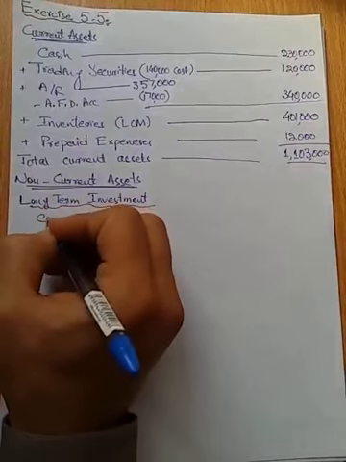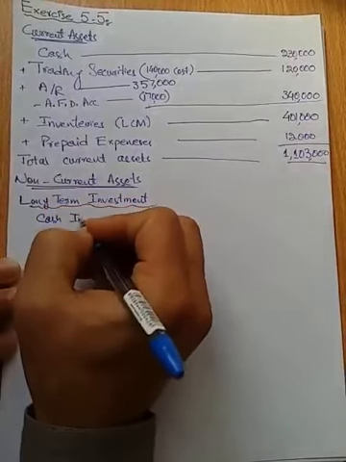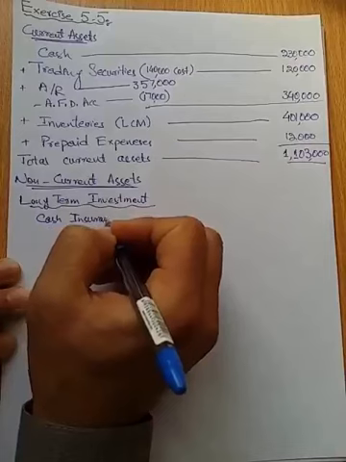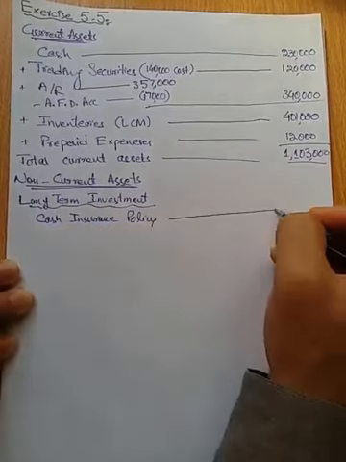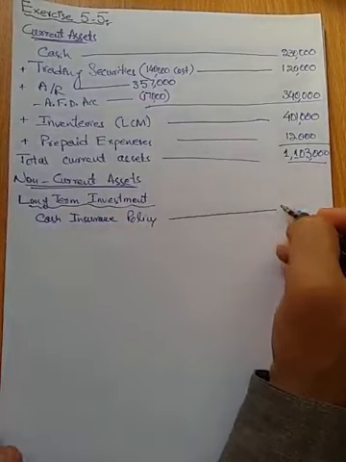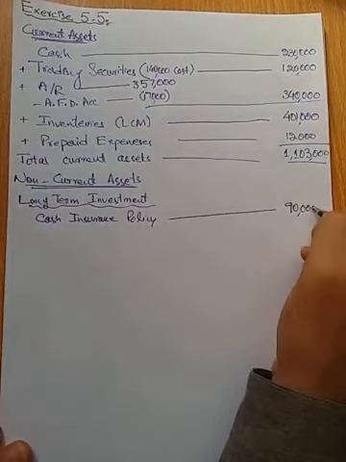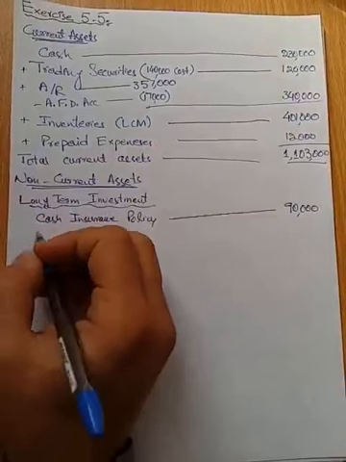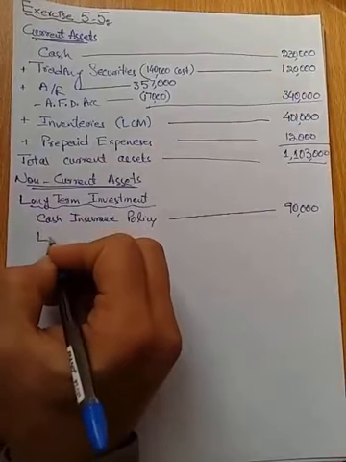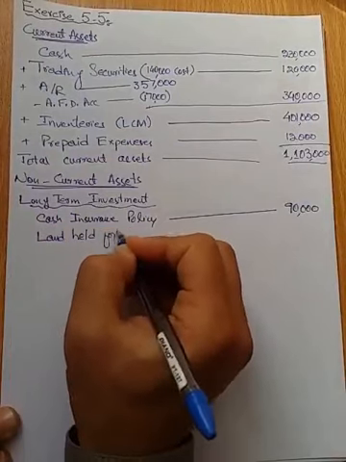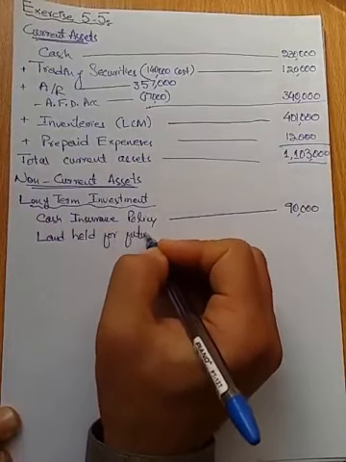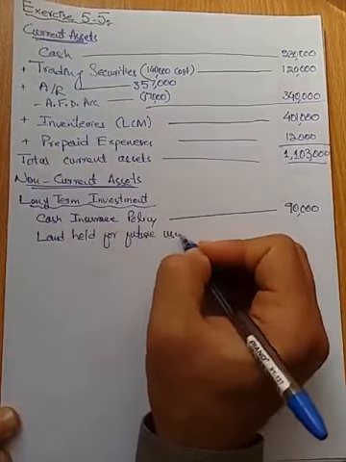So one, we have the cash insurance policy. The cash insurance policy worth is $90,000 in the numerical. Next we have land held for future use, or you can say capital gains.